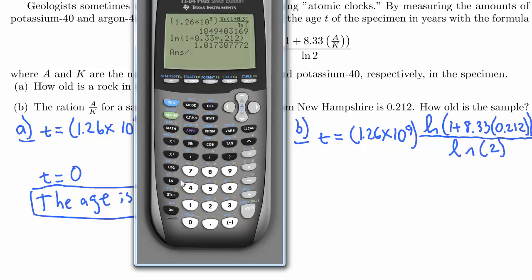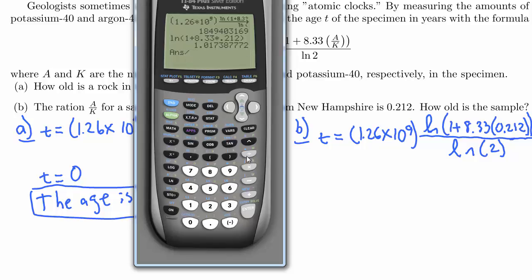So divided by, now notice that if I just click divided by, it says ANS. What that means is that this previous answer is what's right there. In other words, I don't need to type it in. So you would not need to type in 1.017387772 and then divided. And you don't want to do that anyway because this is technically a rounded number.